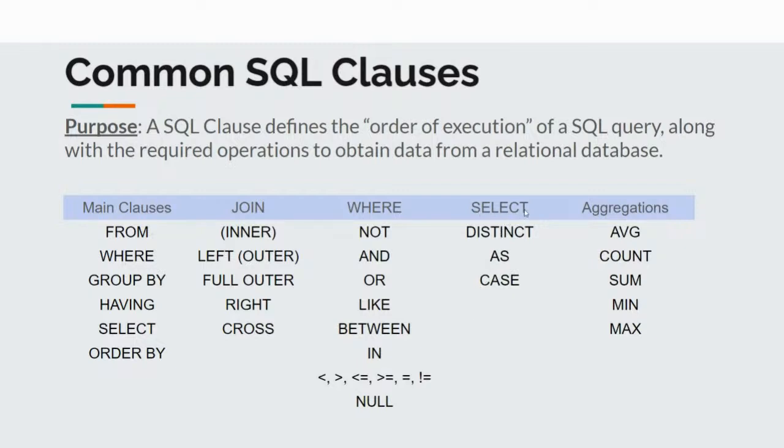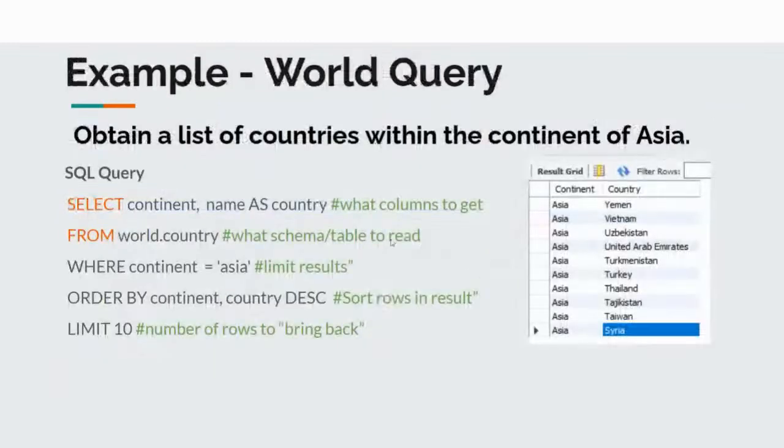So inside of your select statement, you can do distinct, so you can return just the distinct values in that column. That can be useful if you have duplicate values in a column. We'll see that in our exercise. You can use as to alias a column, like we did in our example.